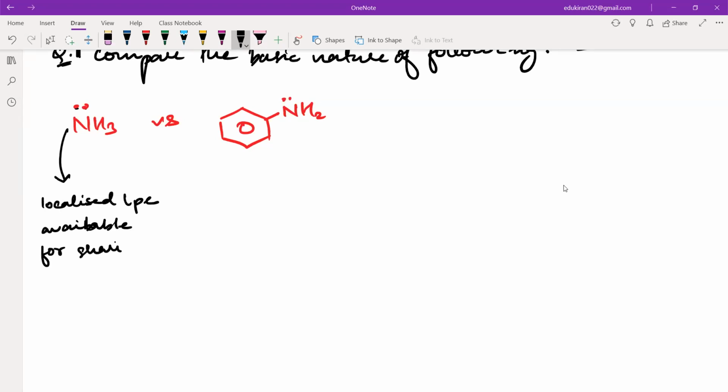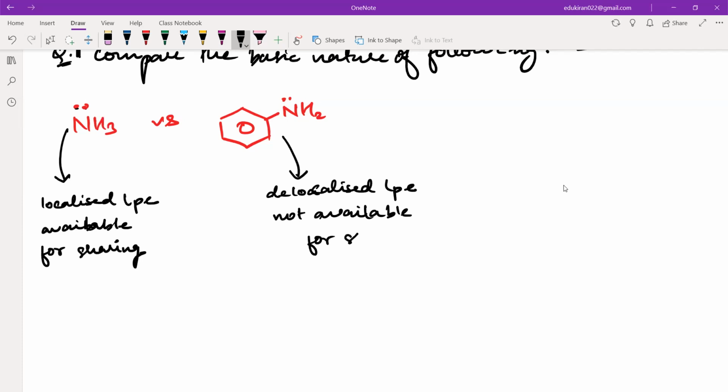Donation is a bad word, because it is not that nothing goes back to the donor. Here the electrons are delocalized. The delocalized lone pair electron is not available for sharing. And if it is not available for sharing, then what will be the basic order?